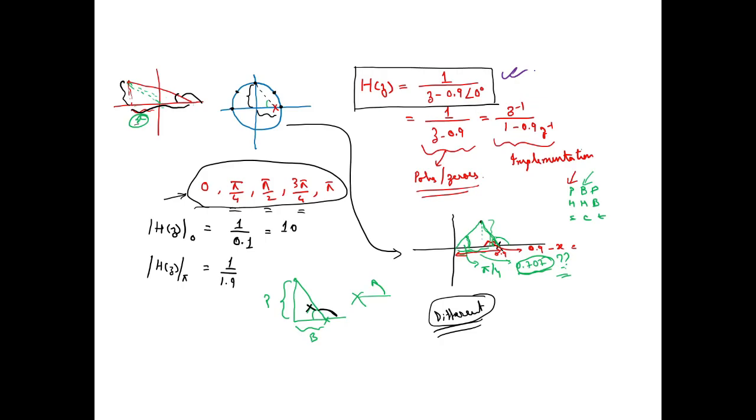The order of the system is given by the maximum of the highest order of the numerator and the highest order of the denominator.